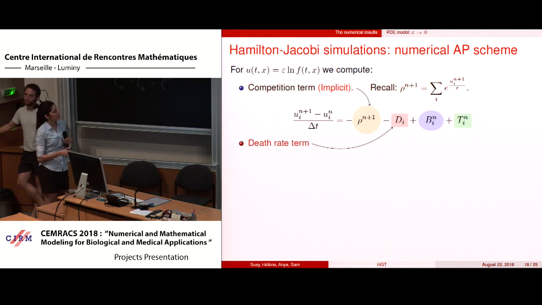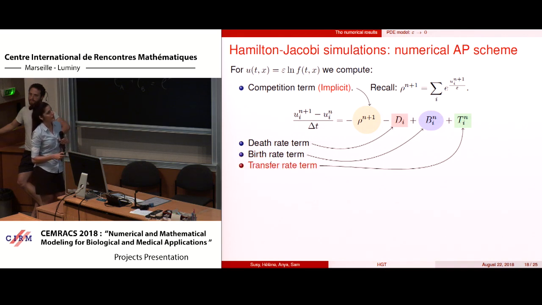For the rest of the parameters in the scheme, we just keep an explicit scheme: the death rate, the birth term, the burst term, and also the transfer term. They are also computed in an explicit way.